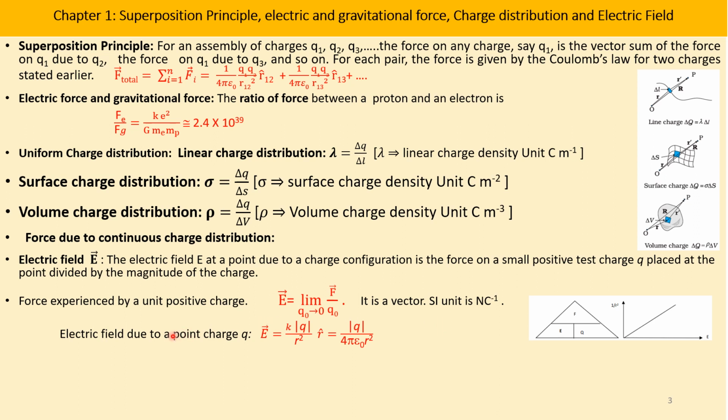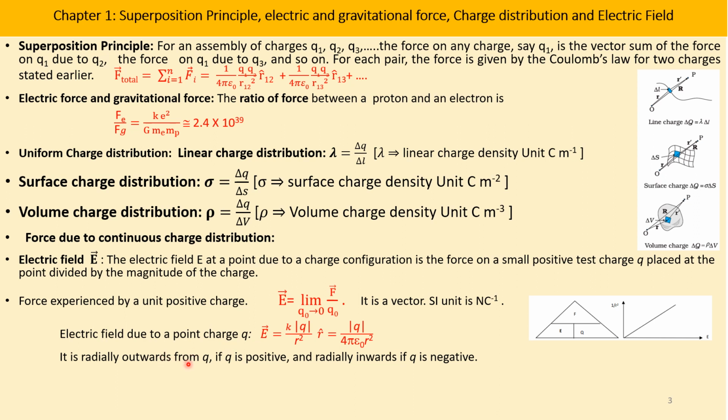So electric field due to a point charge is given by K into modulus of Q divided by R square. That is, substituting for the formula of F, we get electric field E is equal to modulus of Q divided by 4 pi epsilon naught R square.